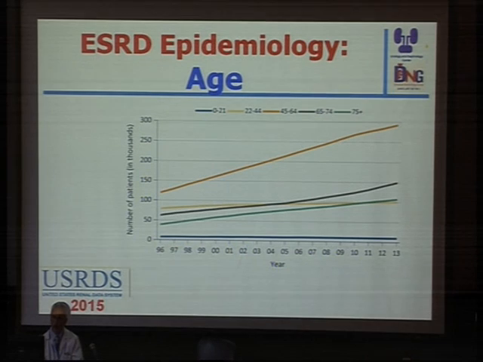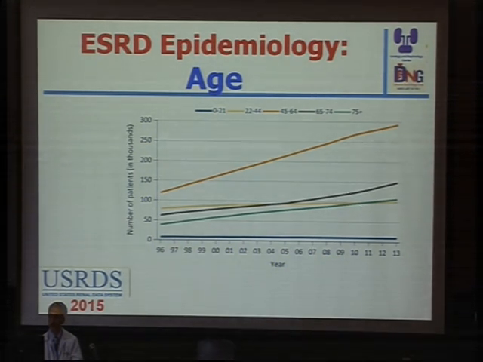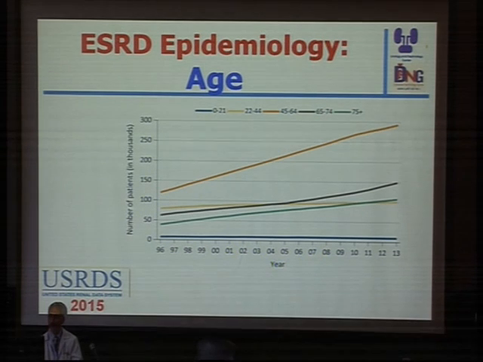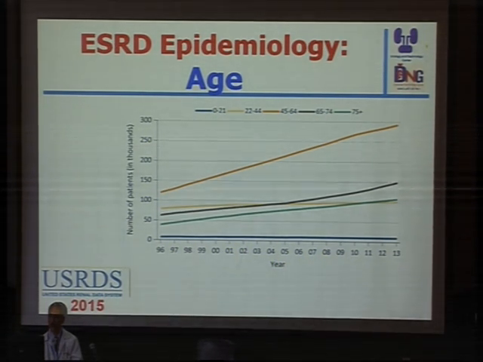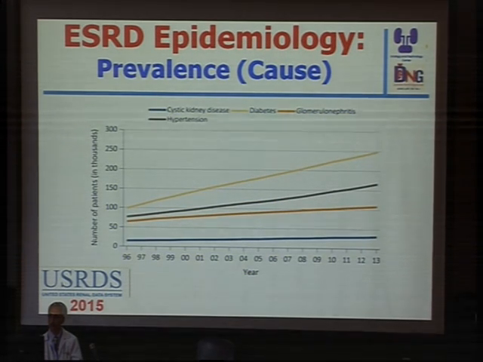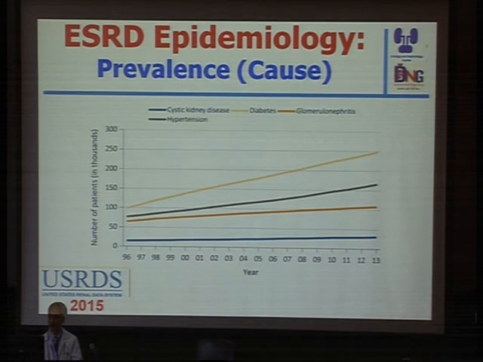Not only this sector of patients, but as well the two extremes of age, elderly and young age patients, are increasing. So dialysis is increasing respective to the age sector. And this is the prevalence, per million.